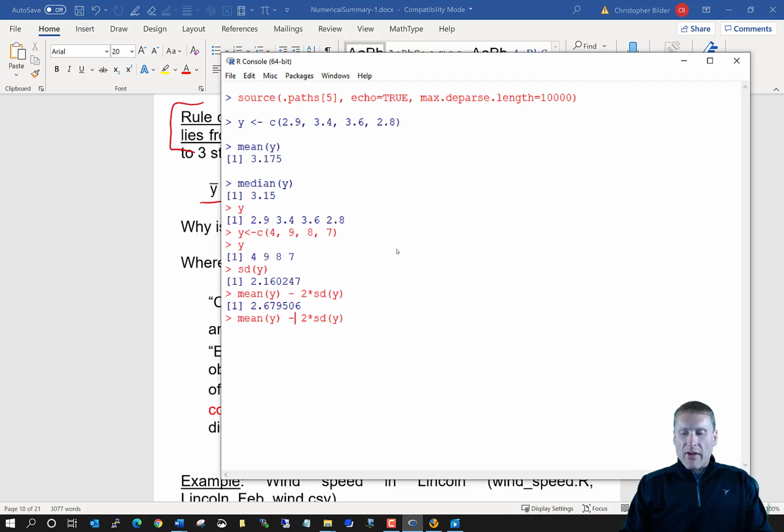We can also do the same thing with a plus, 11.32. So what this says is that, as long as the conditions of you coming to class don't change, generally speaking, it should take you between 2.7 and 11.3 minutes every time to get to class.